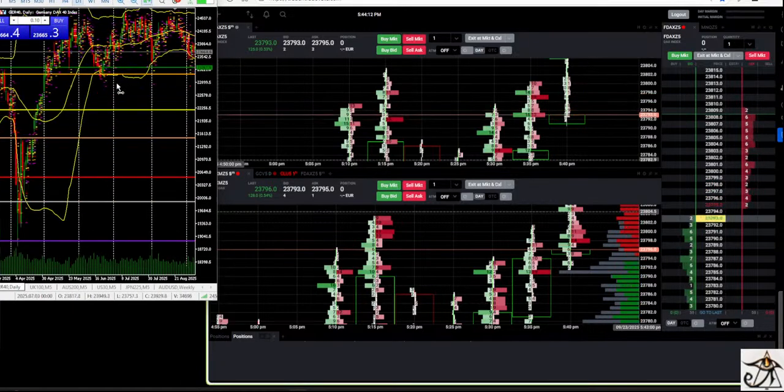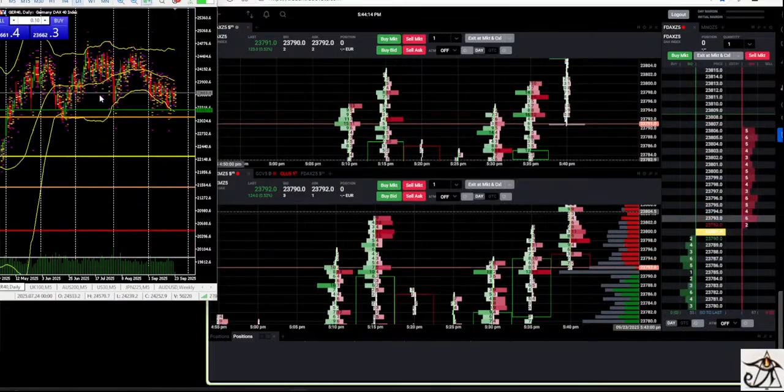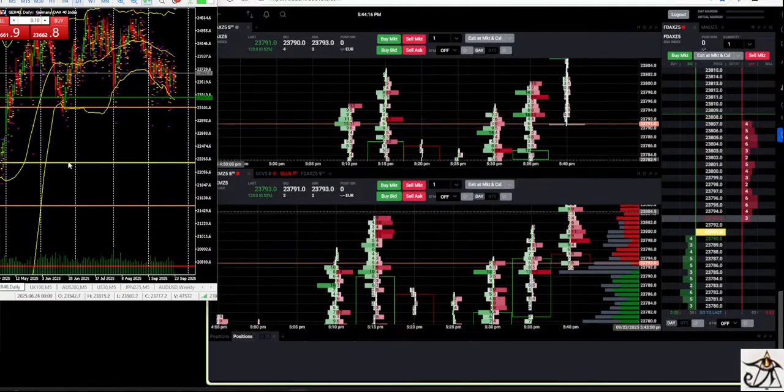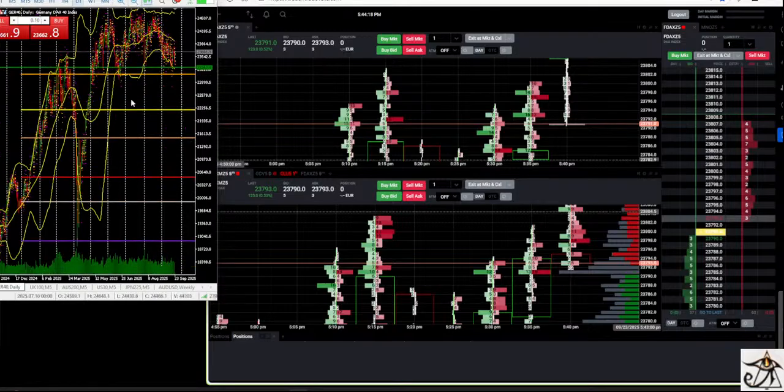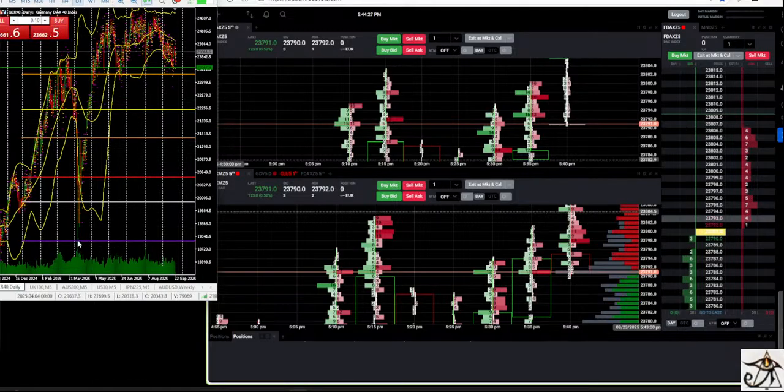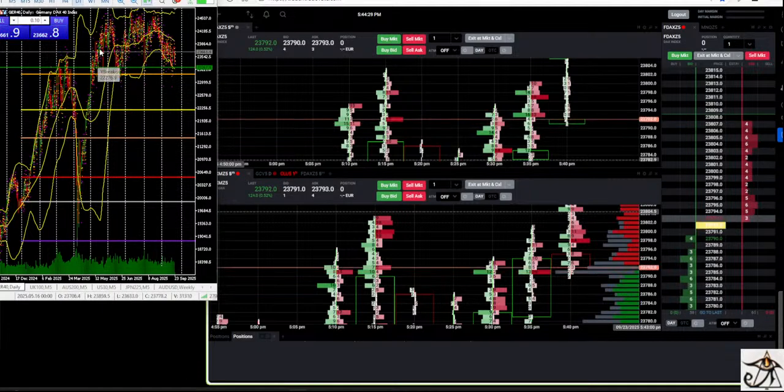So I'll pull up a chart on the DAX. So what have we got? Okay. Yeah, we had a massive pullback earlier in the year, but then a massive, really quick rally.